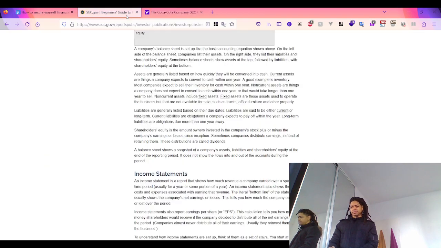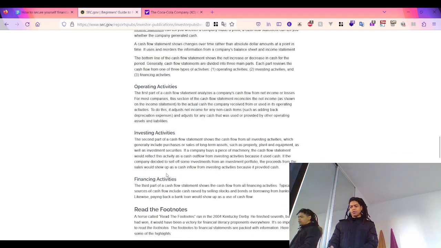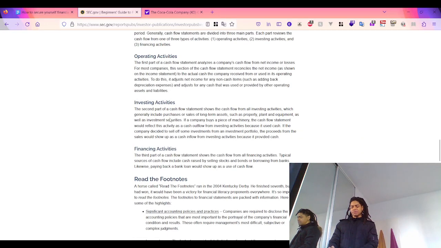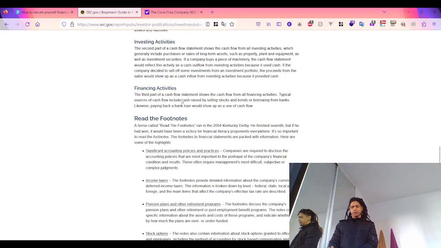So that'll be all for operating activities and investing activities as well as financing activities.